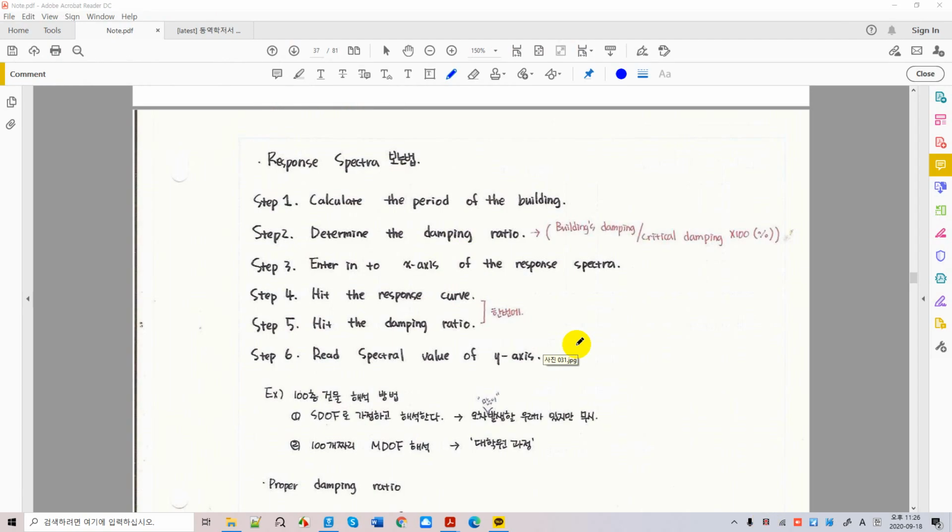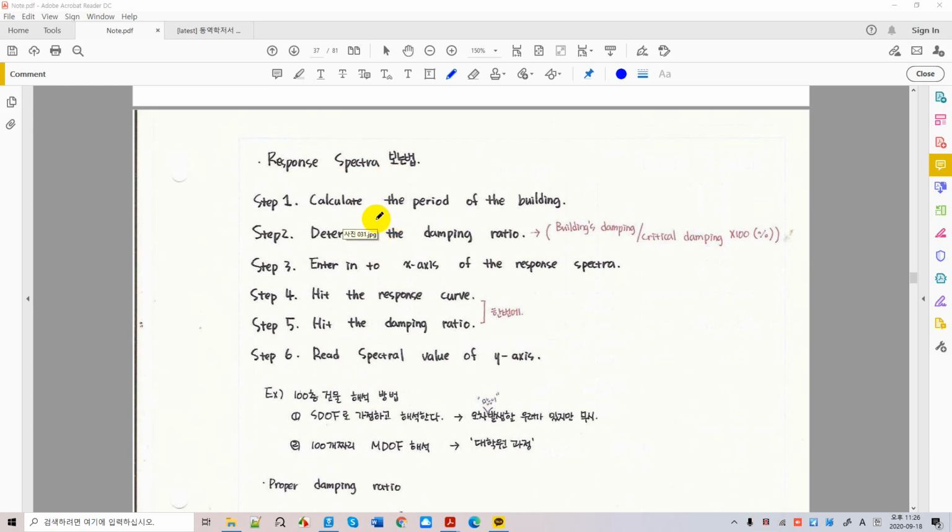Okay, we're going to summarize today's lecture. Today's lecture is the most important lecture in earthquake engineering, because a building is designed mostly based on response spectra. So we're going to summarize, and I'm going to introduce how to use response spectra and how to read response spectra.